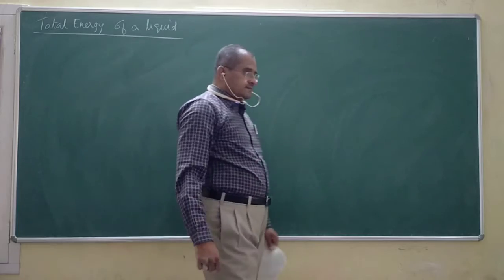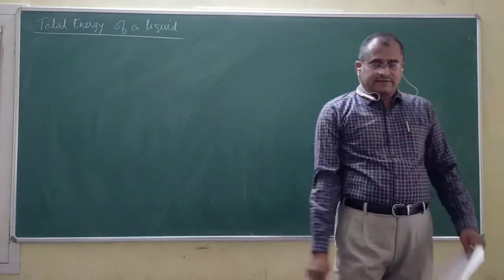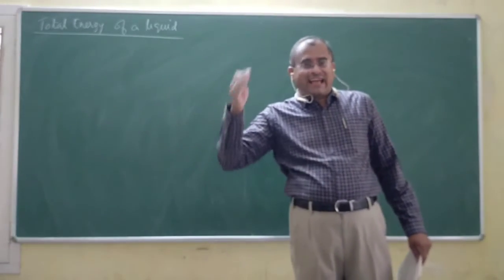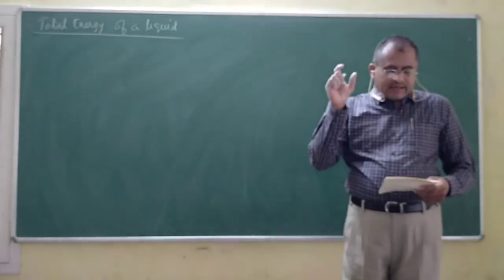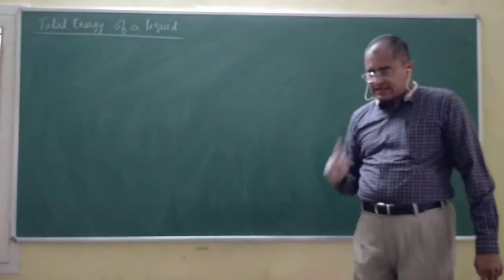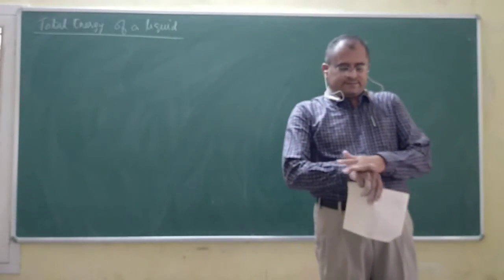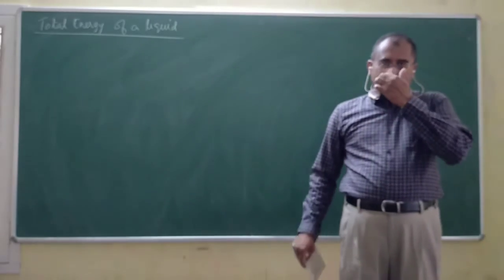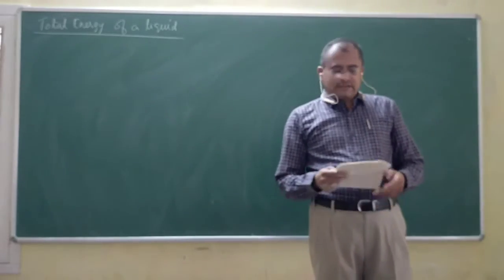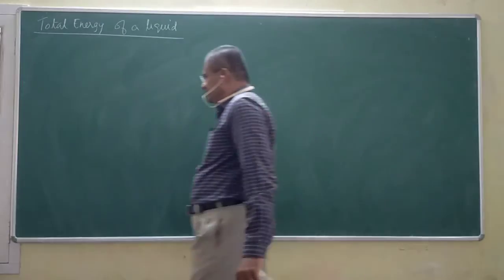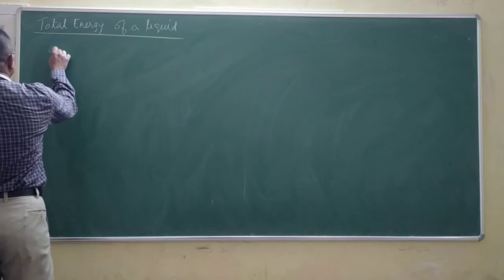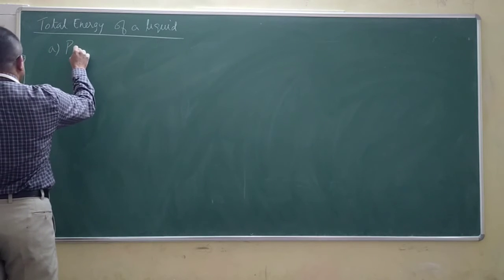Total energy of any liquid flowing at any point is of three kinds. Please listen to me carefully. Total energy of a liquid flowing at any point is of three kinds. A is pressure energy.